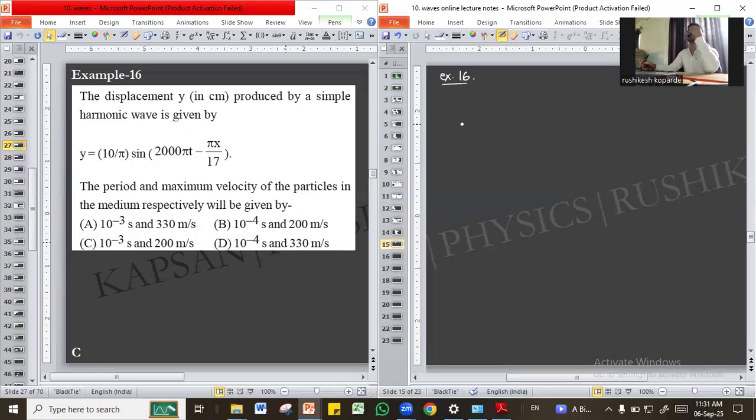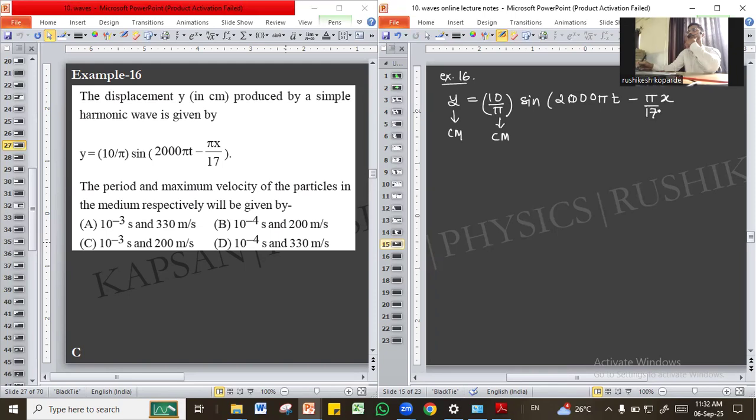The displacement y in centimeter, produced by the simple harmonic wave is given by 10 by pi. So this 10 by pi must be in centimeter because sine is unitless. 2000 pi into t minus pi x.